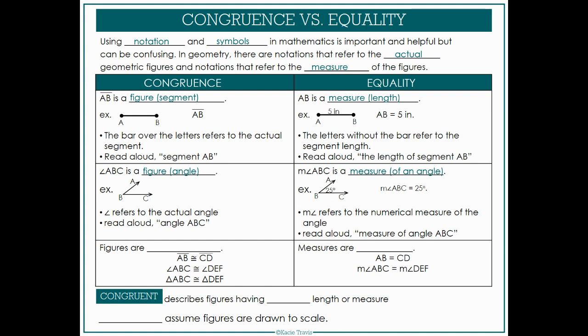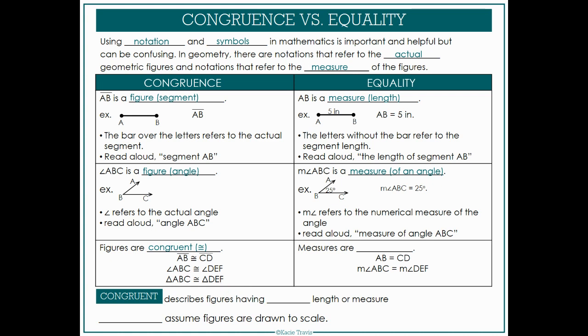Now, when we're talking about figures, we use congruence. This symbol with the equal sign and the little squiggly line on top of it is the congruence symbol. Congruence means that you are looking at two shapes that are the same. So we got AB is congruent to CD, angle ABC is congruent to angle DEF, triangle ABC is congruent to triangle DEF.